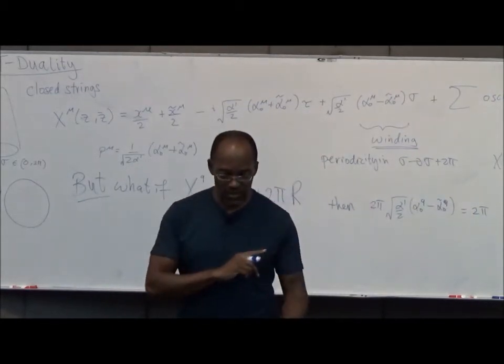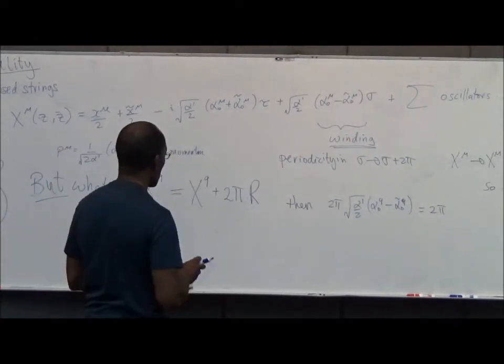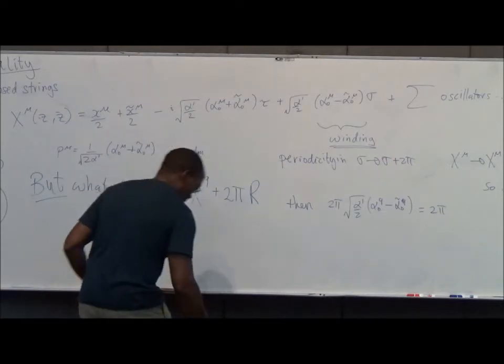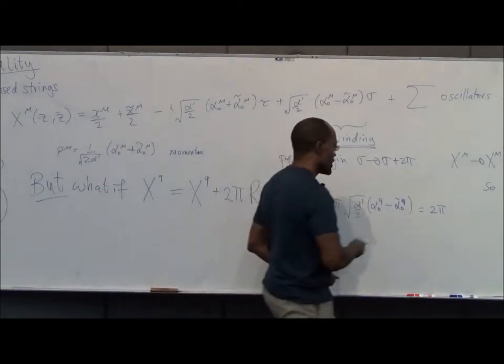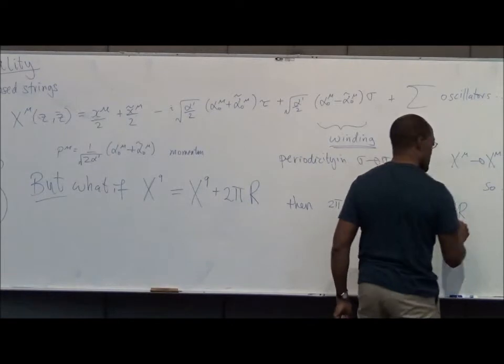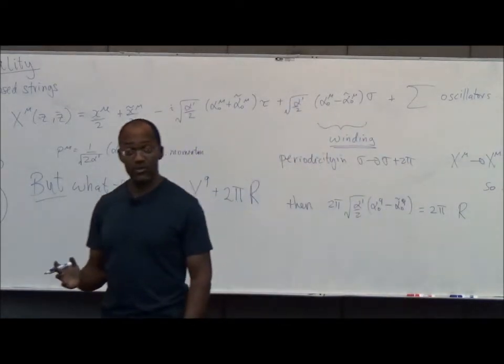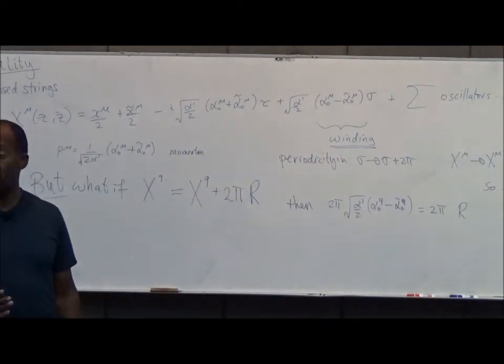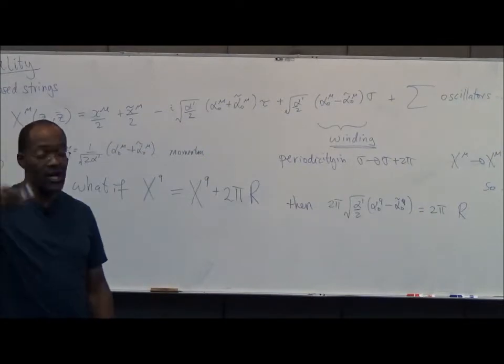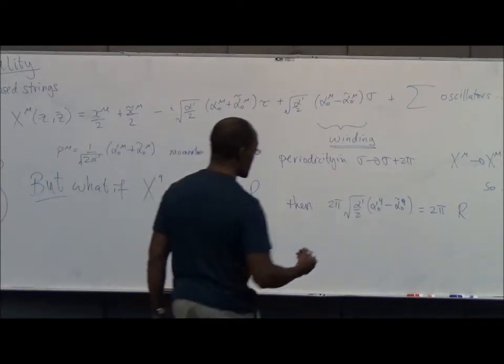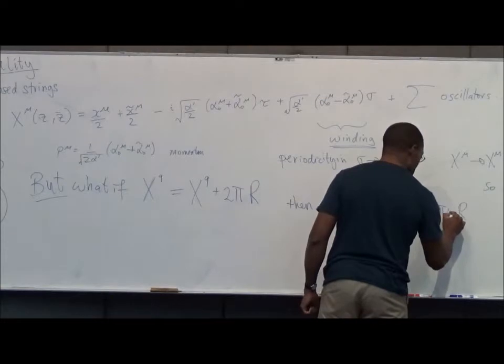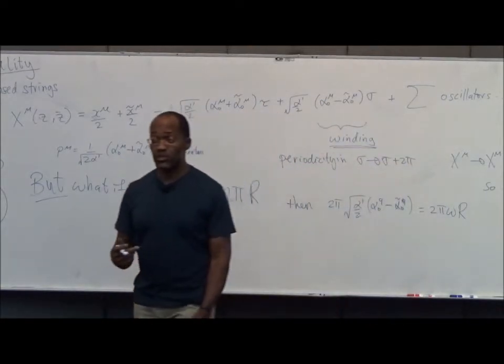Now let's notice something else. It could be 2 pi r, but actually it could be any integer times 2 pi r. That's good enough. So let's count how many times it's doing that, and let's give that a name. Let's call it W for winding, because that's what it is.